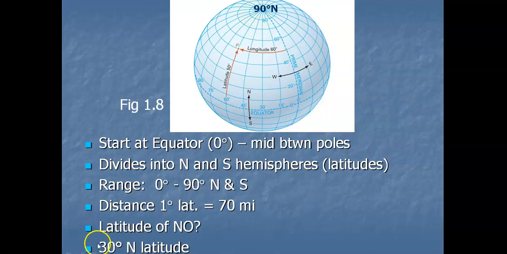And so we're always going to be comparing other locations on Earth, and we're at 30 degrees north latitude using New Orleans or South Louisiana.